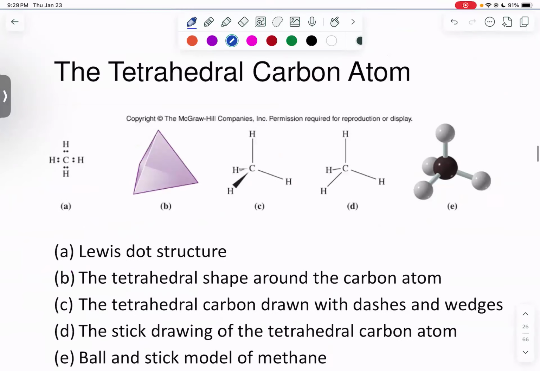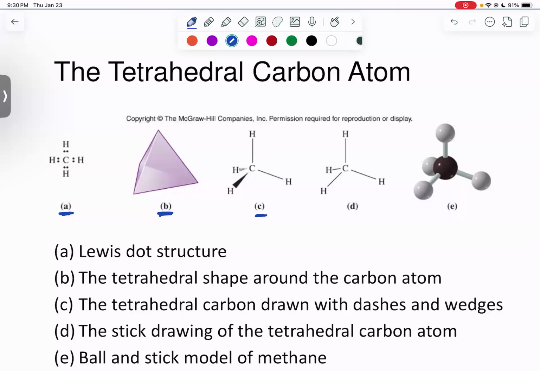Okay. So remember how we said that carbon wants to make 4 bonds. That means that every single carbon that has 4 single bonds is going to be in the molecular shape of tetrahedral. So you've probably drawn a Lewis dot structure before, that's A. If you looked at a surface diagram, that would be B. A lot of times we draw in 3 dimensions, but we have 2-dimensional paper.